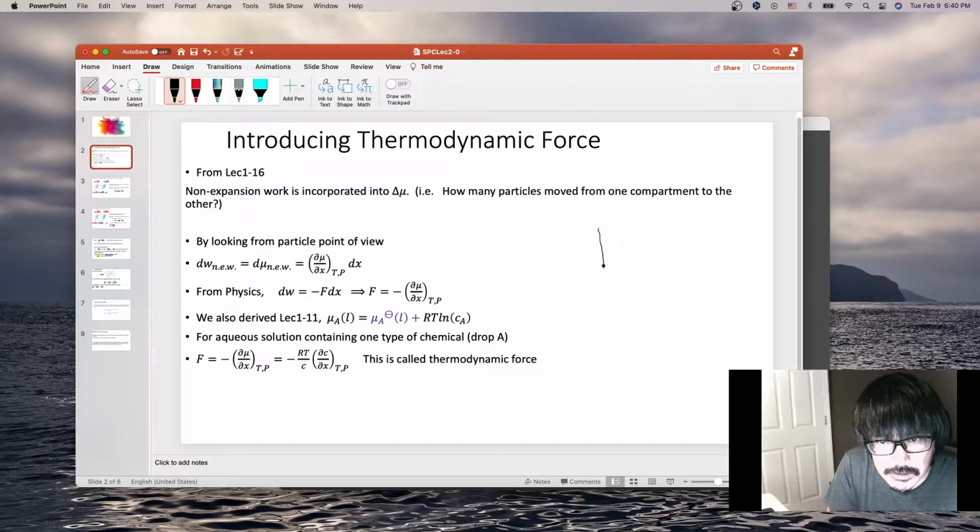So the cell wall here, and initially you had the two particles there, but by moving these particles to the other side of the cell wall, it sometimes costs more energy, right? So that was the non-expansion work.